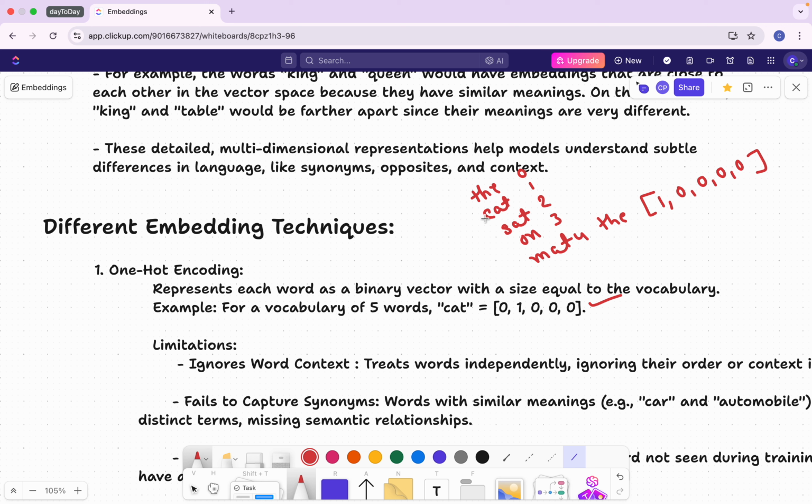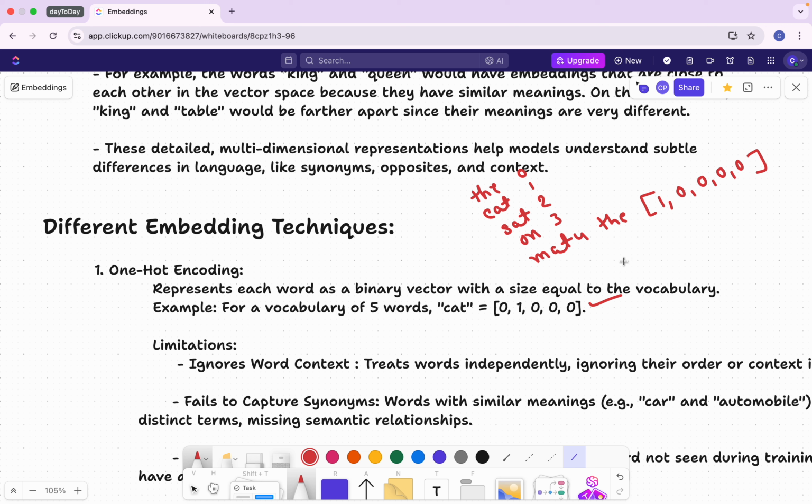So if you see, we are able to convert a word into a vector space, but this does not contain any kind of contextual meaning. We are treating each word independently, just providing the id and converting it into a vector, basically a sparse vector.